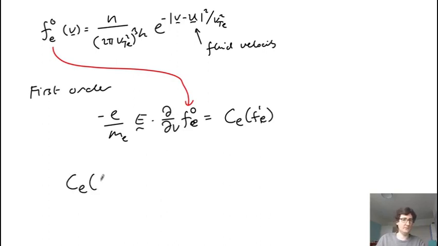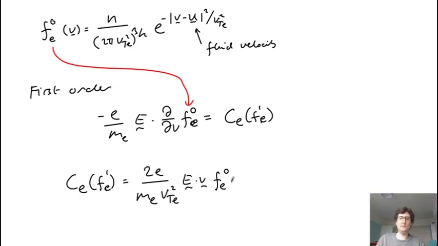So we have the collision operator on the first order distribution function, and on the right hand side we have this. So we have an E dot V and the equilibrium distribution function.